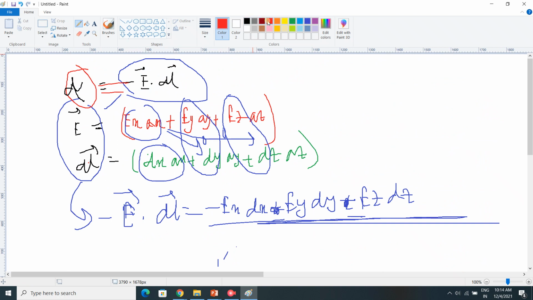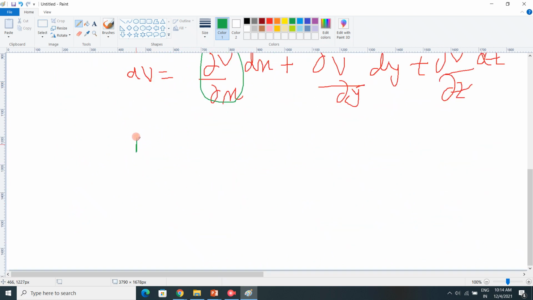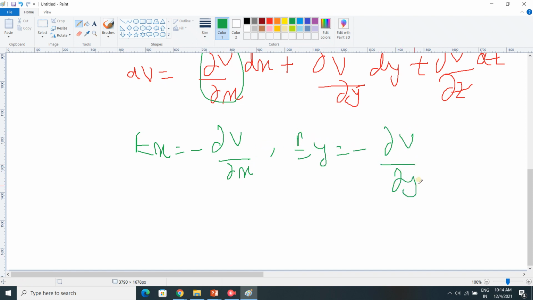If you compare, you will get an expression in this way: Ex is equal to minus ∂v/∂x, Ey is equal to minus ∂v/∂y, and Ez is equal to minus ∂v/∂z.